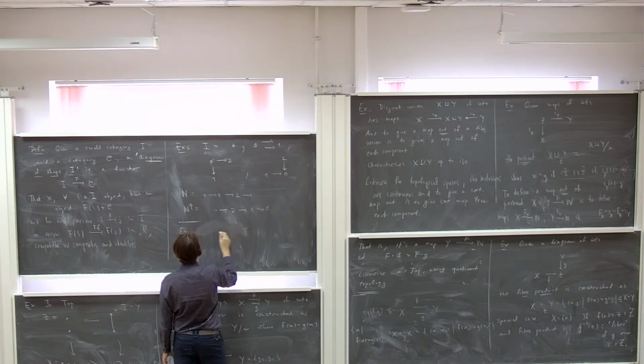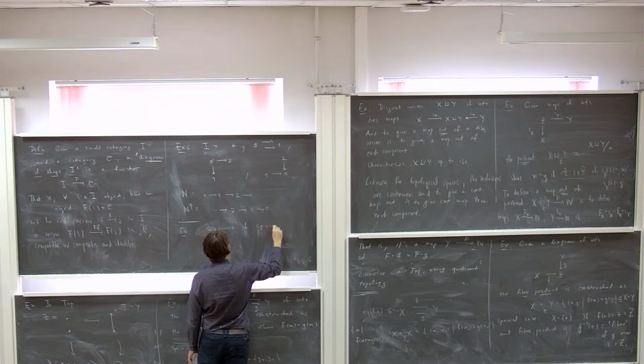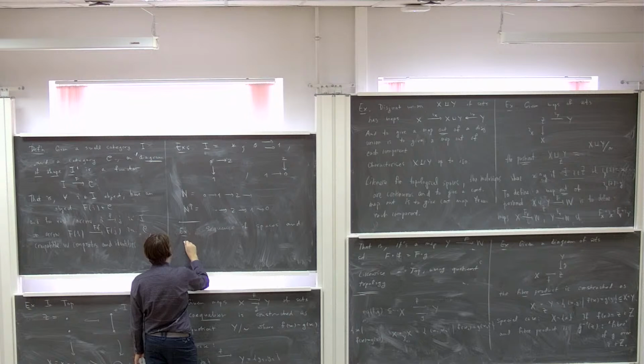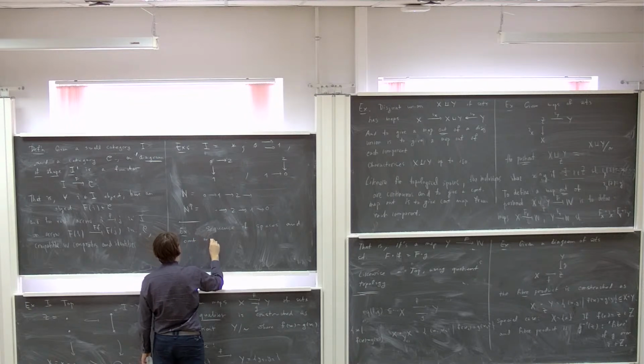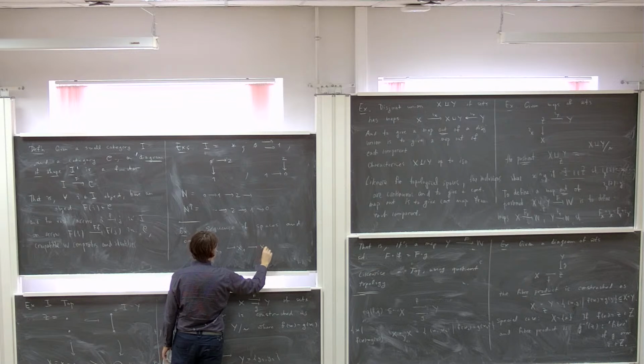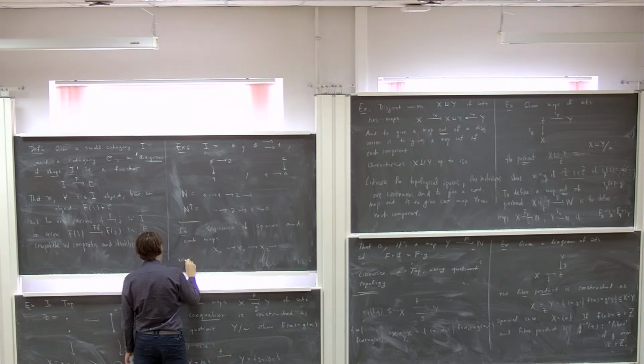Let me write it like this. So we have a sequence of spaces and continuous maps. Like this would be a functor out of n.